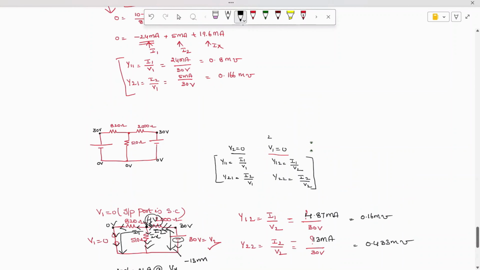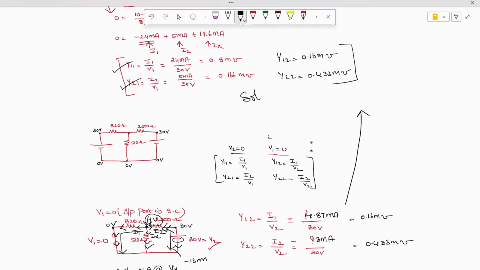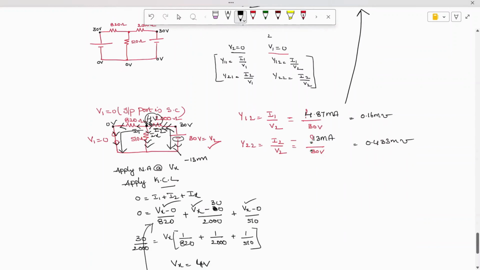Like this you get the resultant values: y11 is known, y12 is known, and y12 is equal to 0.16 millimho, and the value of y22 is equal to 0.433 millimho. This is the solution to what the question asks: determine the y parameters for the given network. This is how we get the y parameters.